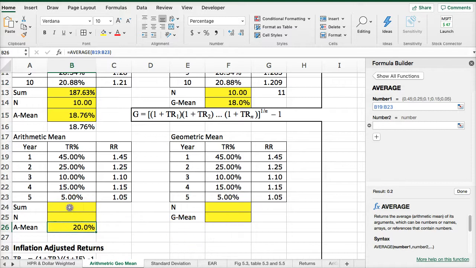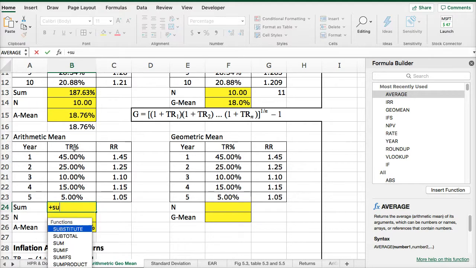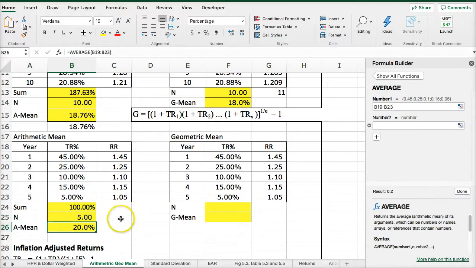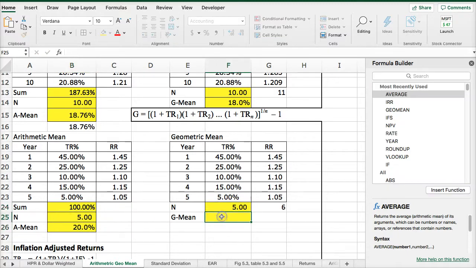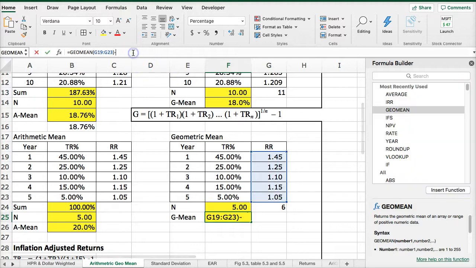And then if you do it the long way, of course, you can use the sum function and just highlight, and then you have 5, and of course 100 divided by 5 is the 20. So both ways work. Here, using the geo mean, you use geomean as a function, highlight these return aspects here, hit done, but we have to -1 if we want to just have the geomean.